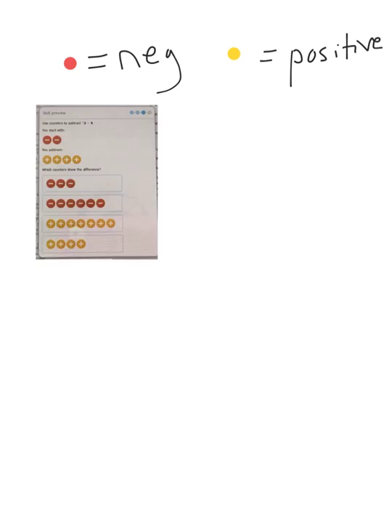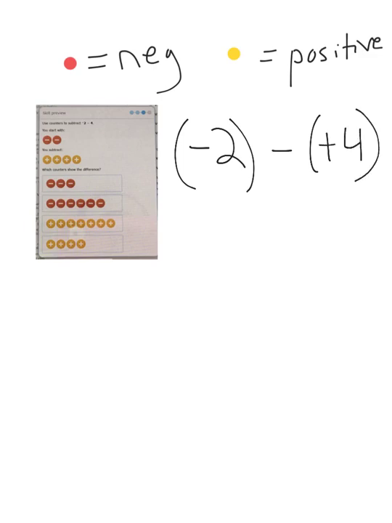Okay, here we have another example from iExcel. It is asking us to do negative 2 minus positive 4. When we illustrate this with our chips, we see that we have negative 2. It's wanting us to take away positive 4. We don't have that. So this is where those zero pairs come in again.